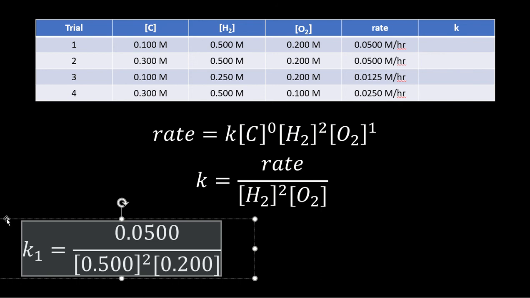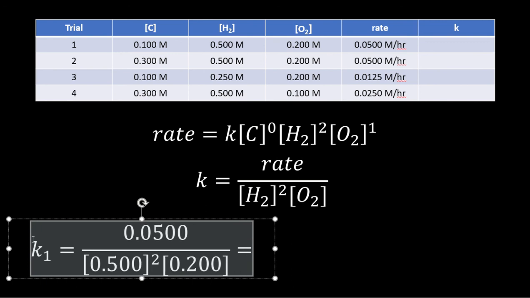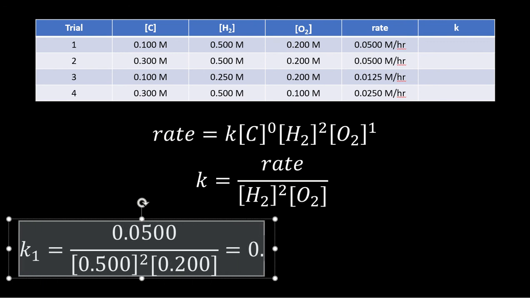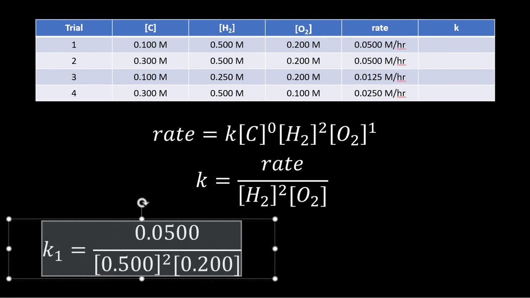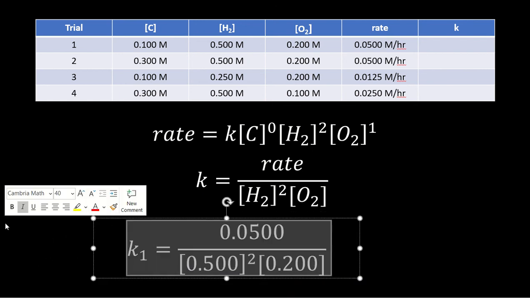That will effectively equal 0.05. That will essentially equal 0.0500 molars per hour divided by 0.0500 molars squared, or effectively this.